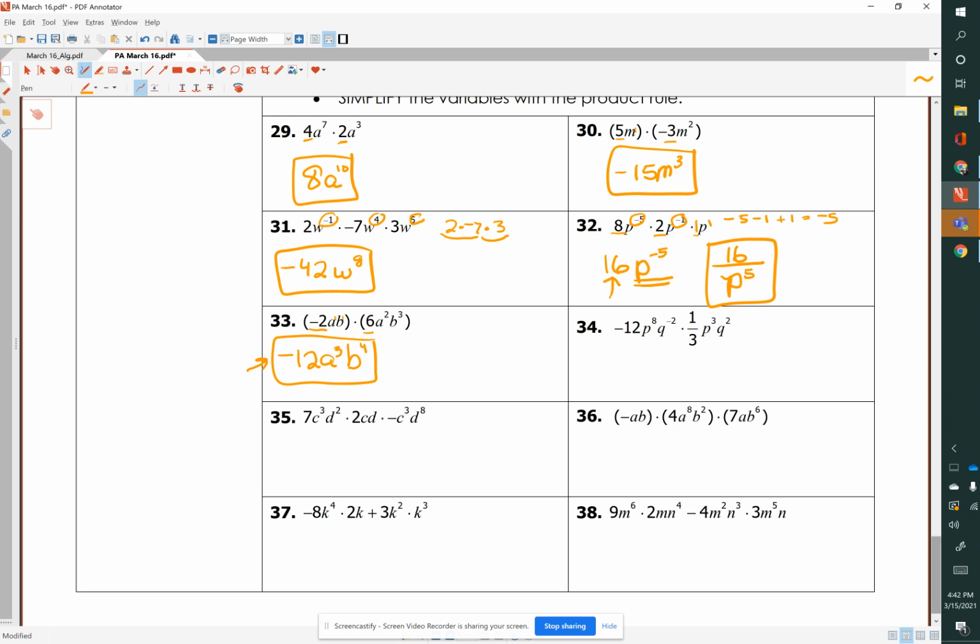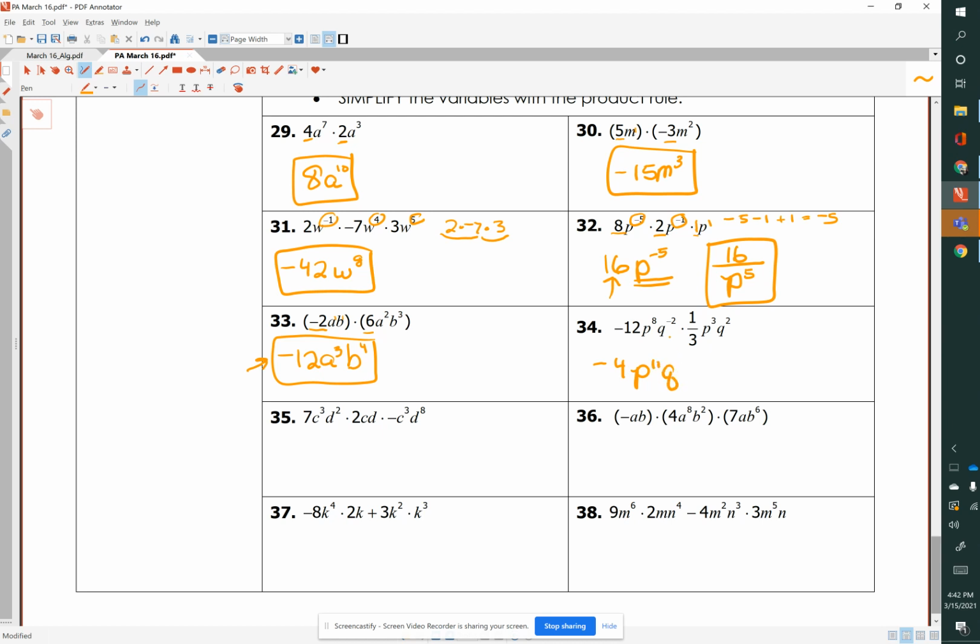Number 34, negative 12 p to the eighth q to the negative 2 power times 1/3 p to the third q to the second power. So negative 12 times 1/3 is going to be negative 4. And p, we add 8 plus 3, which is 11.